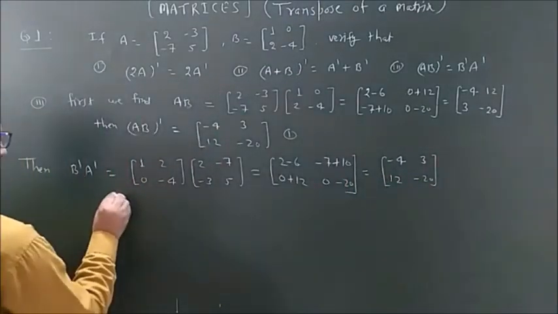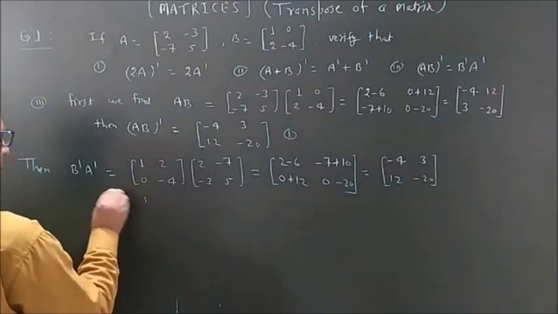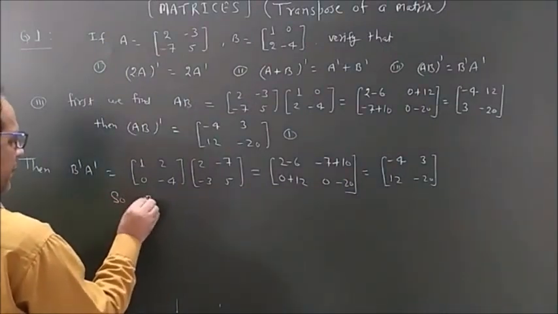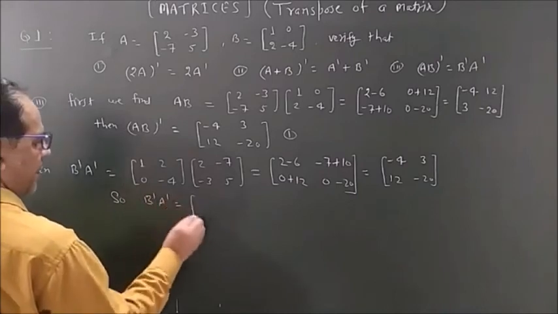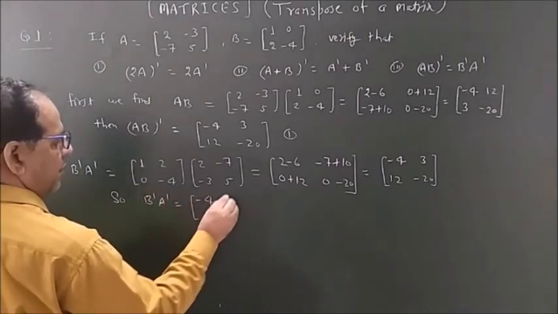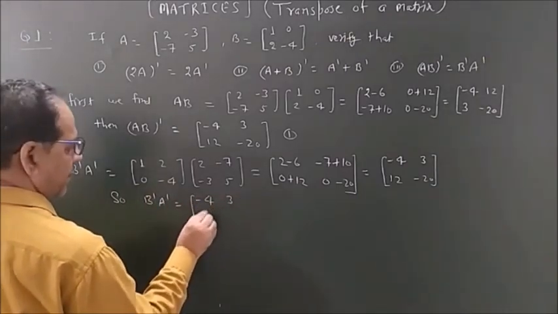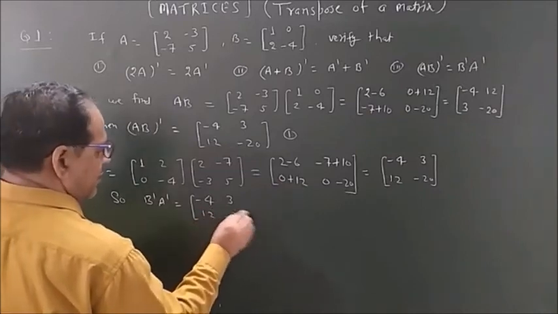So B dash A dash equals [minus 4, 3; 12, minus 20].